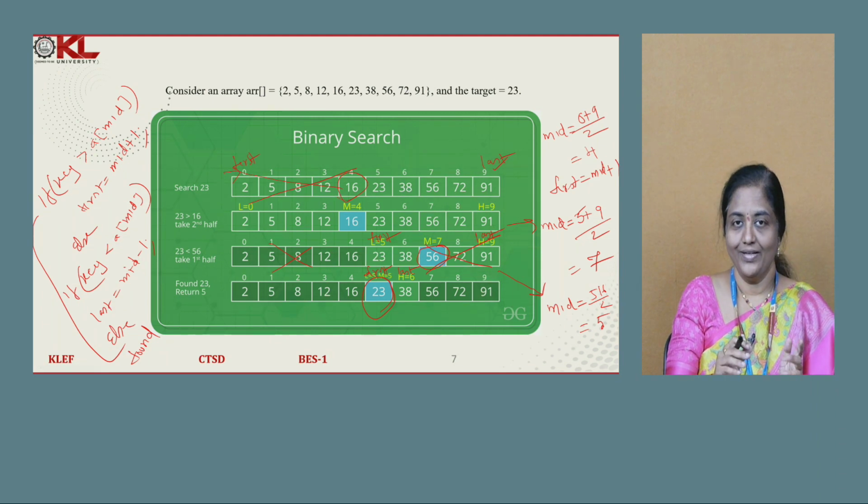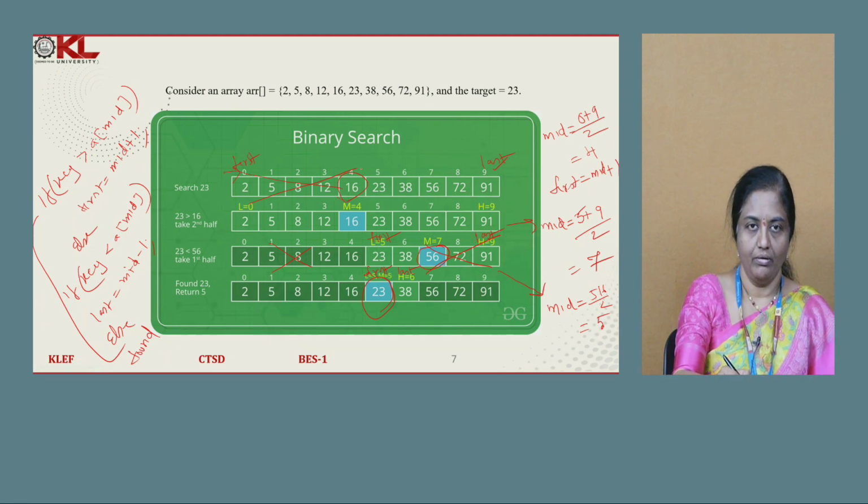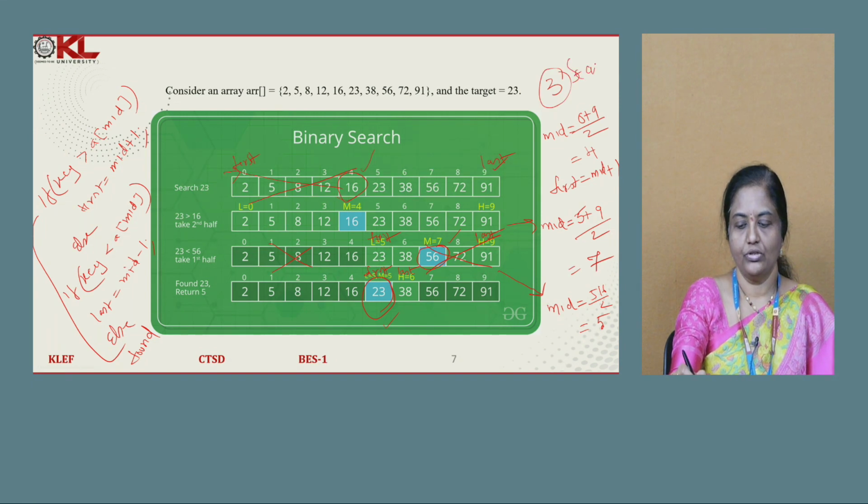For this, how many searches have you made? One search with 16, one search with 56, and the 23rd with another. That is, you require only 3 searches.